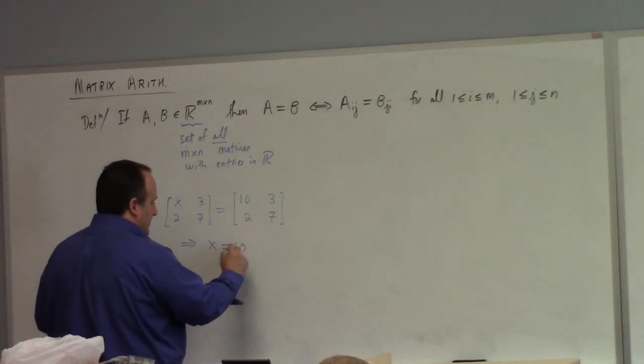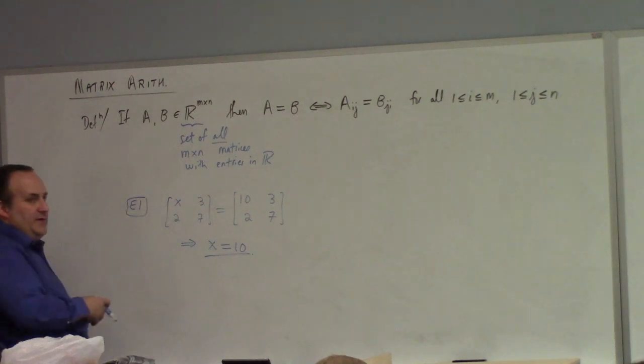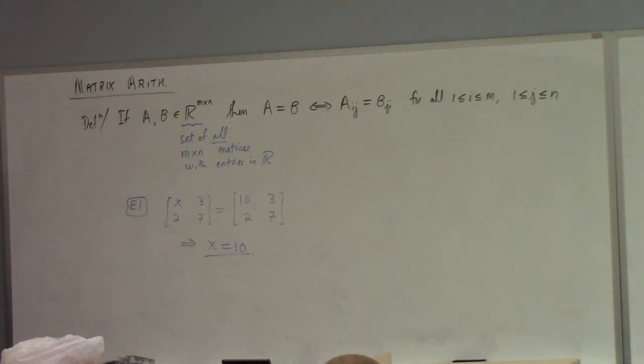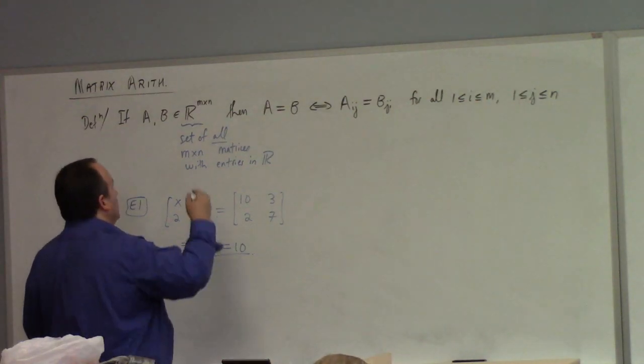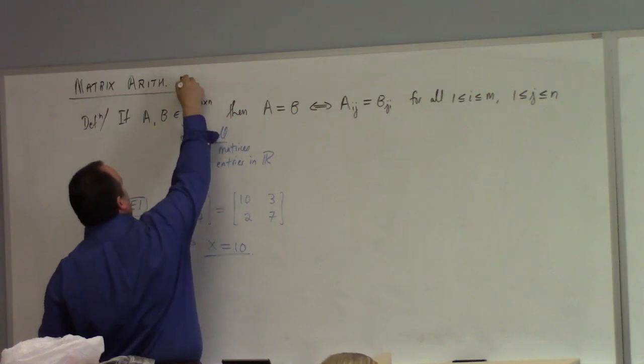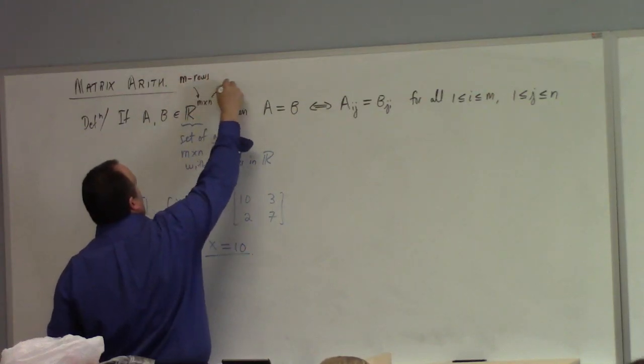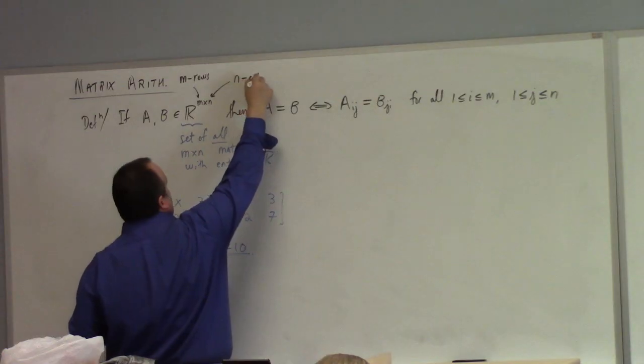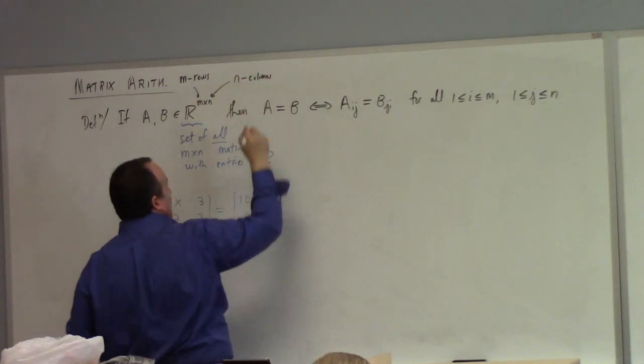So these two matrices are only equal if every component matches. So we can equate coefficients of matrices. Matching components have to match, right? That's the first thing. m is the number of rows, right? m rows, n columns. Let's talk a little bit more about that.